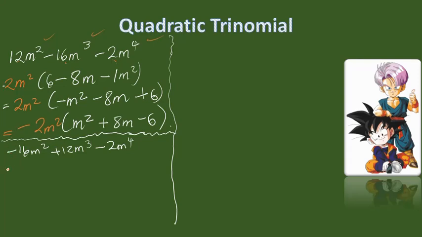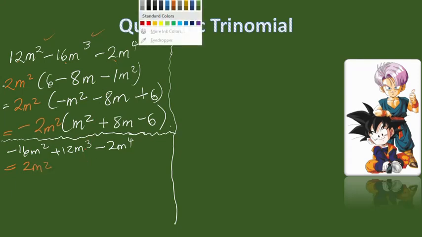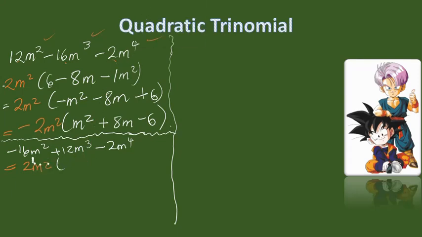So what happens here is that I'm supposed to take out a common factor. Let's start again. My common factor here will be 2. Take out 2 as a common factor, and m squared is also a common factor. I take out m squared as a common factor. What am I left with? I'm left with open brackets. If I divide the negative 16 by 2, I'll get negative 8. And m squared divided by m squared, I no longer have m's there. Plus 12 divided by 2 is 6.